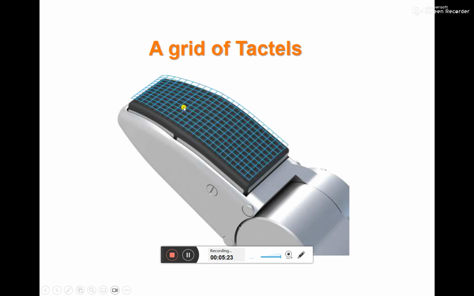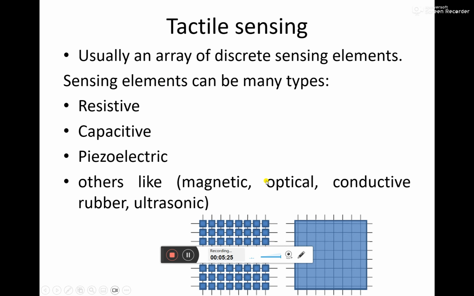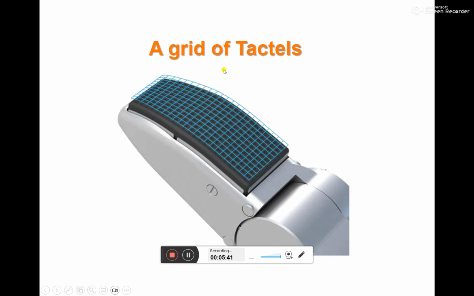As mentioned earlier in the diagram, the sensing element has this particular surface. You can see a number of tactile elements arranged on this surface to get information from the object.